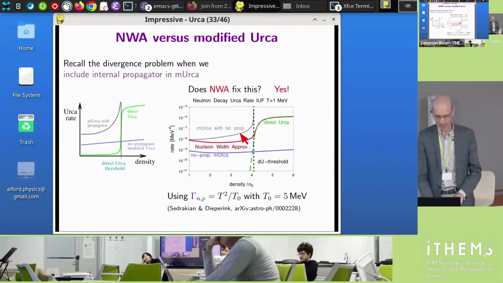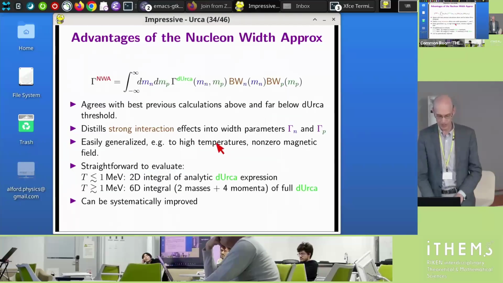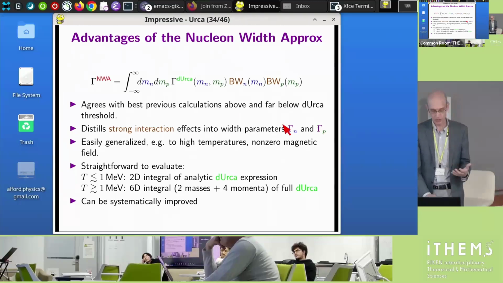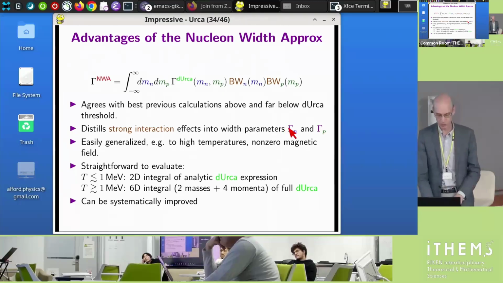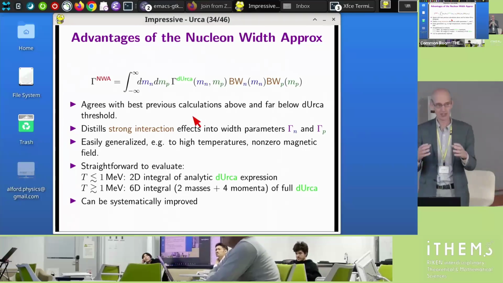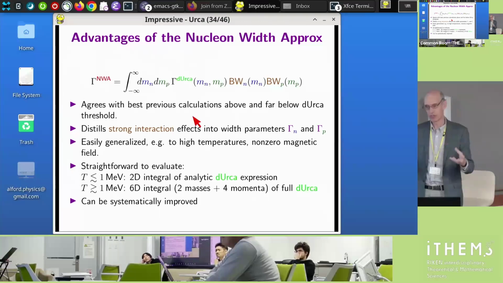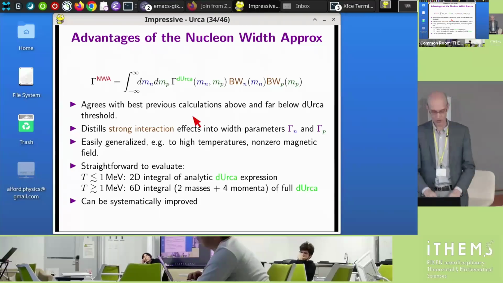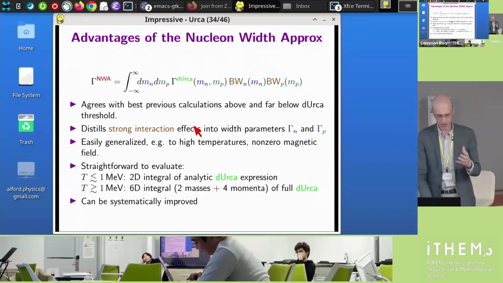At threshold, it behaves smoothly and sensibly. It distills the strong interaction effects into these parameters, so you can look at different models of the strong interaction, calculate different values for the widths, and put them into this calculation. It nicely factorizes the calculation into bits that come from the strong interaction, which then contribute to a weak interaction rate.